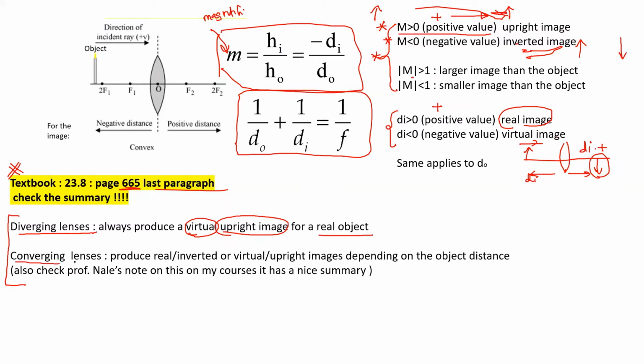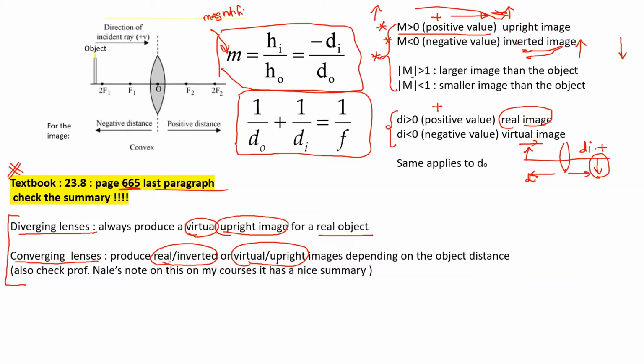And for converging lenses, you can get all sorts of things. That means you can either get a combination of real and inverted, or virtual and upright images. So you can get real and virtual. If it's real, it will be inverted.